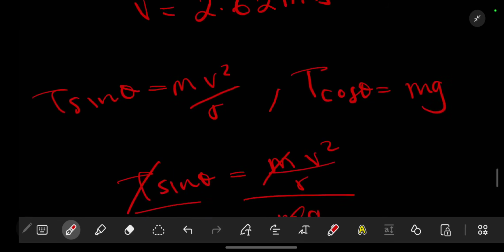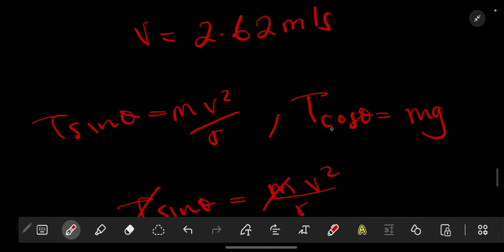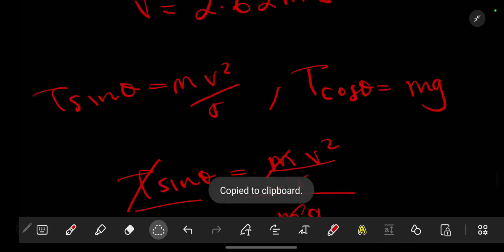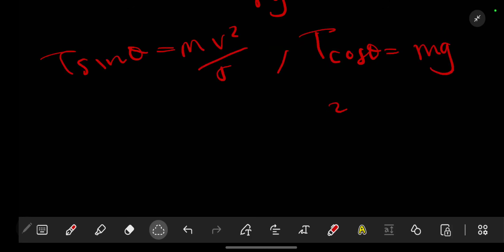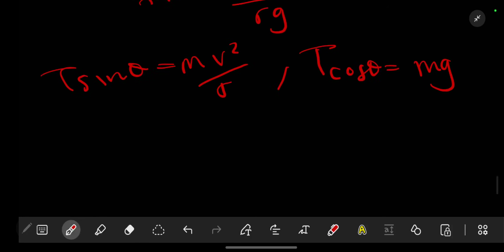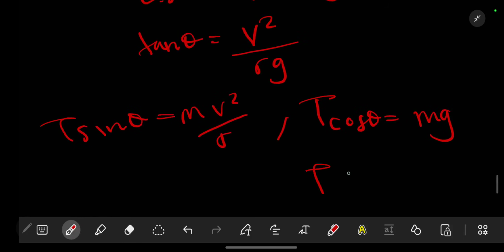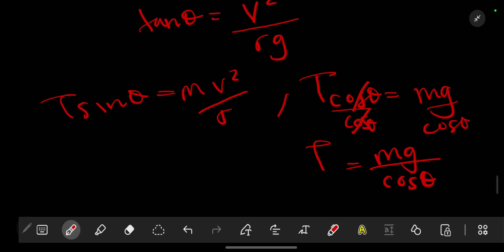If you want, you can make T the subject of the formula instead. Even that works, and you are still going to arrive at the same conclusion. You take the T cosine of theta and divide by cos of theta, so T should be equal to mg over the cos of theta.